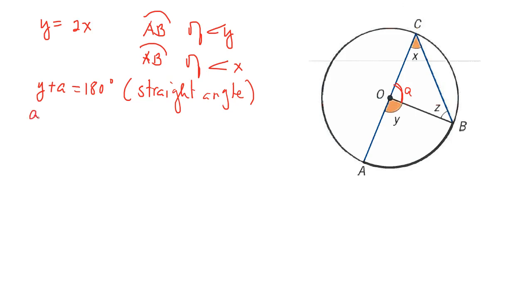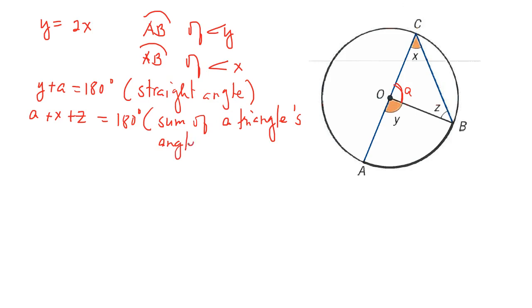Then we have A plus x plus zeta is also equal to 180. Then equating both, since both are 180, y plus A is equal to A plus x plus zeta.